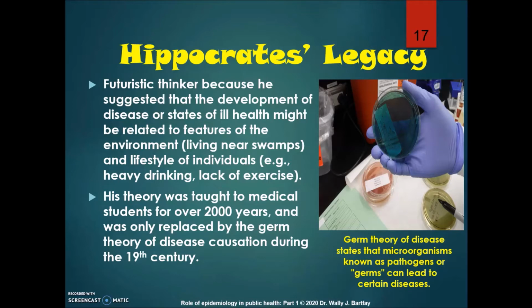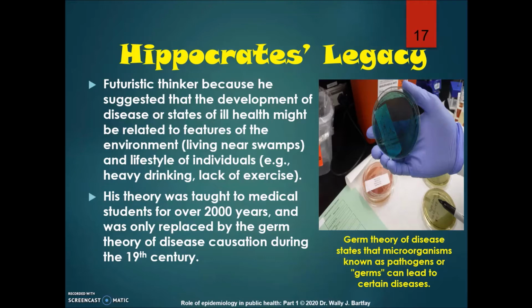He was a very futuristic thinker, I would argue, because he suggested that the development of disease or states of ill health might be related to features of the environment. So if you live near swamps, for example, he knew that certain individuals could contract malaria.